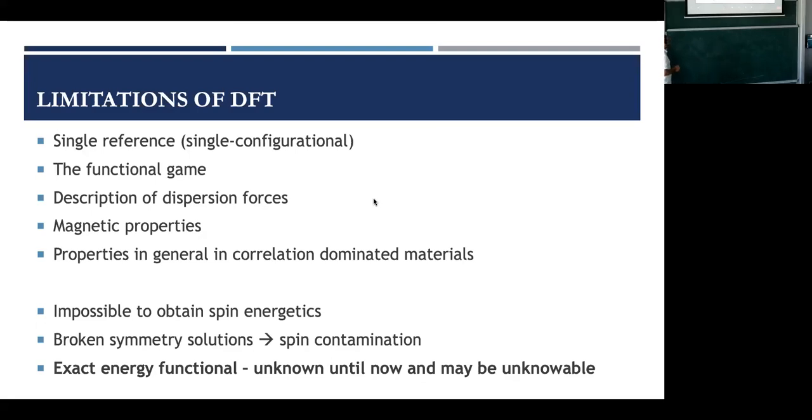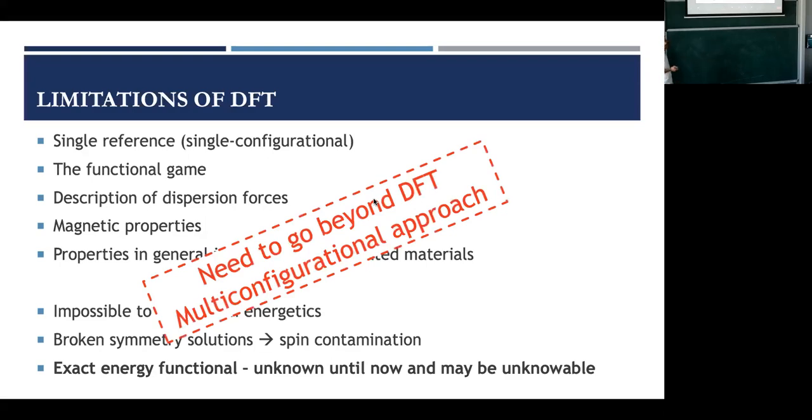So spin contamination is a problem, and the exact energy functional is not known until now, and maybe unknowable. That's what people say. So there is a need to go beyond density functional theory for modeling these kinds of reactions, and we need a multi-configurational approach.